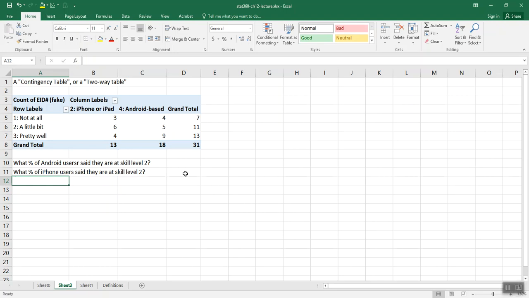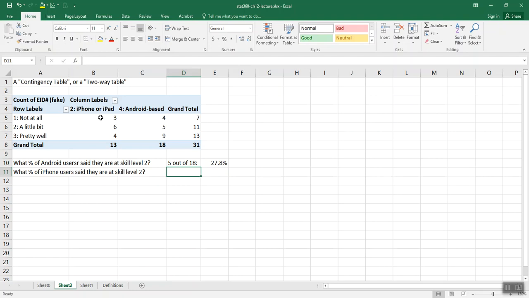Welcome back from unpause. If I said what percent of Android users, I would be looking at the Android users column, and 5 out of 18 of them would say they're at skill level 2, so that would be 27%.